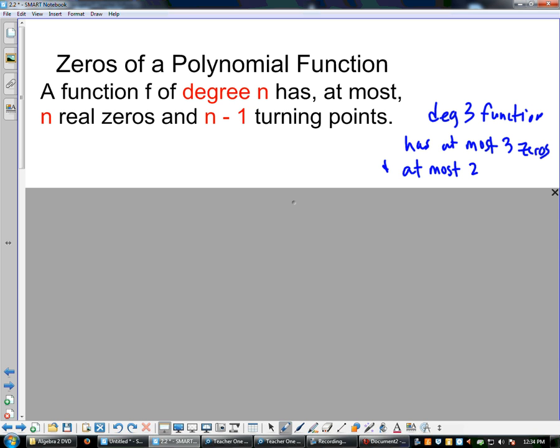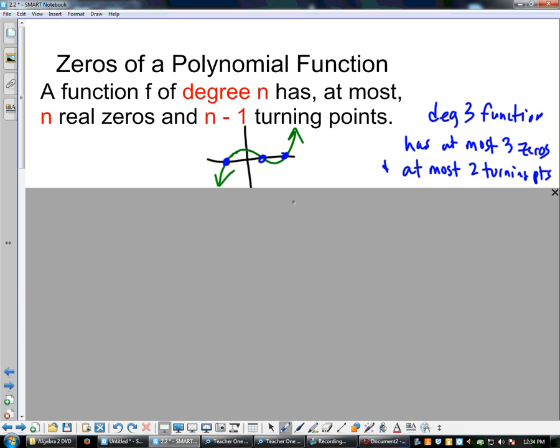Do you understand what we mean by turning points? So a degree 3 graph, for example, might look like this. How many zeros does this function have? 3, because it has zeros here, here, and here.